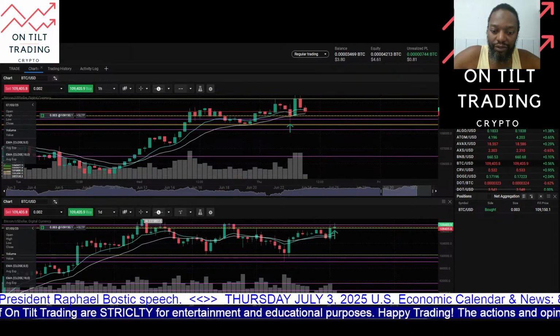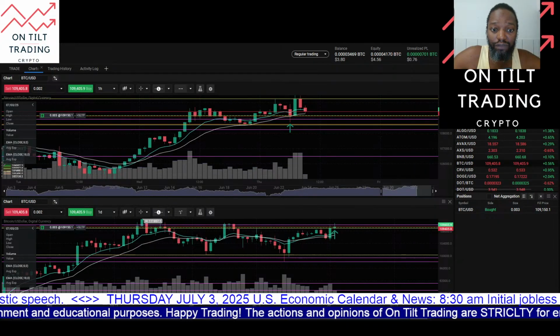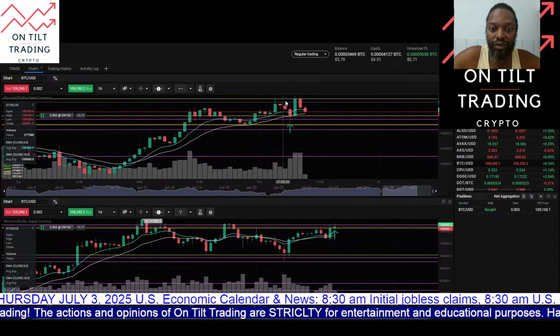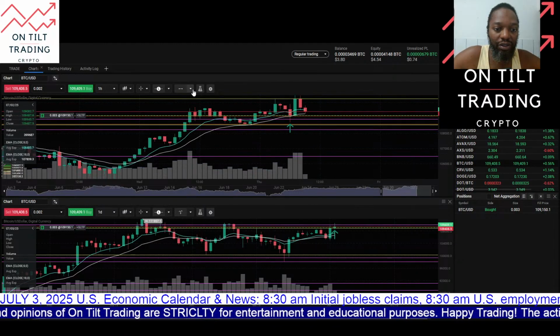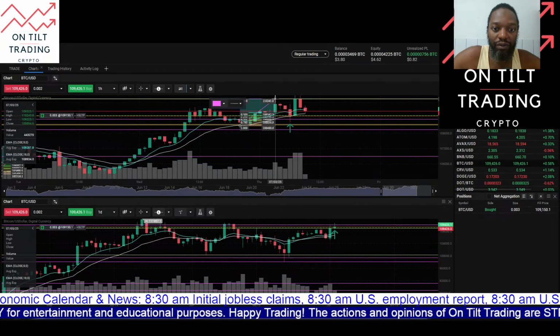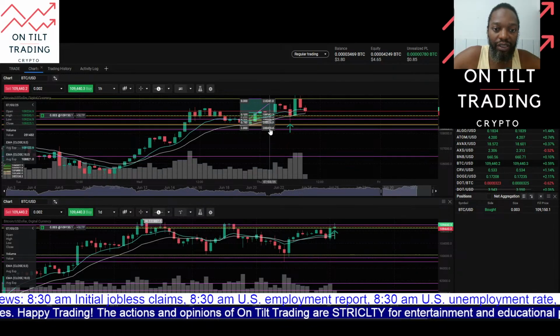So those criteria have been met, and then just basically waiting for pullback to the 62% level, which is where I took the trade here. So all of my trade criteria for my system have been met in this current trade here.